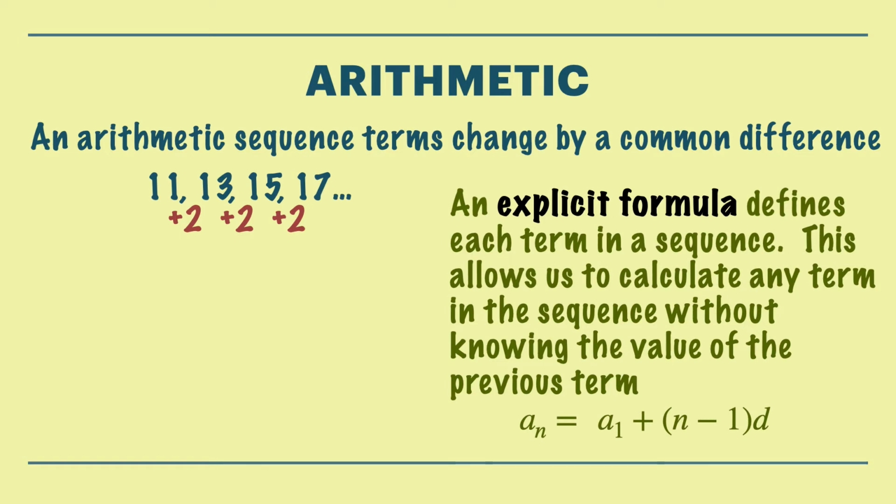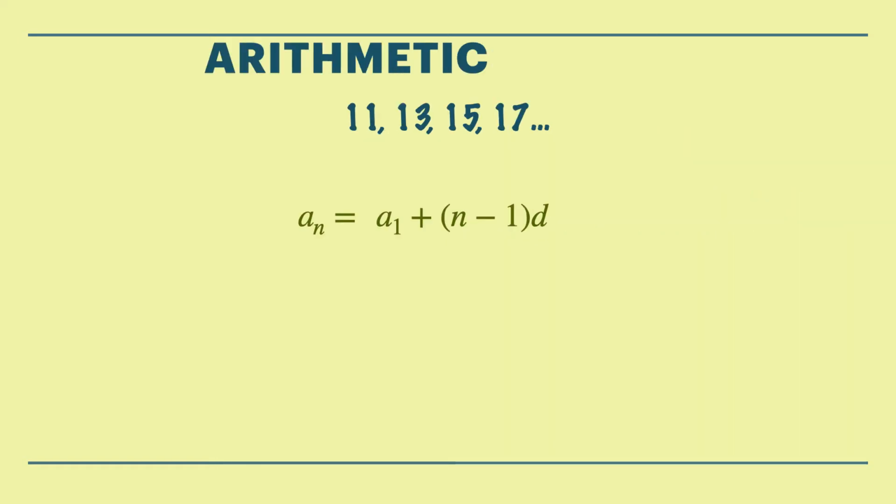All right, we need to define each part of that explicit formula. So give yourself a little space. If you need to rewrite it, go ahead and do that. And a sub n, we just stated, was the nth term. a sub 1 is going to be the first term.